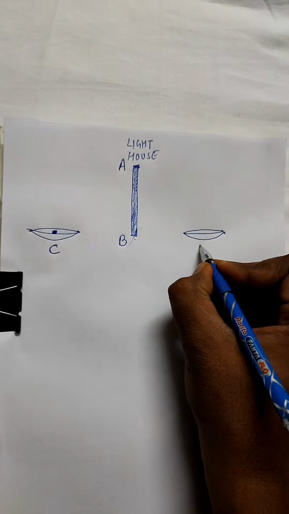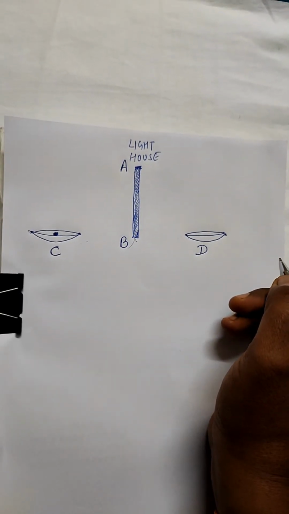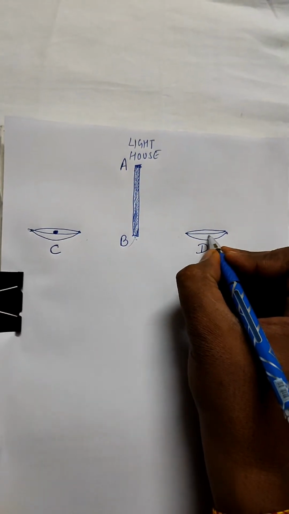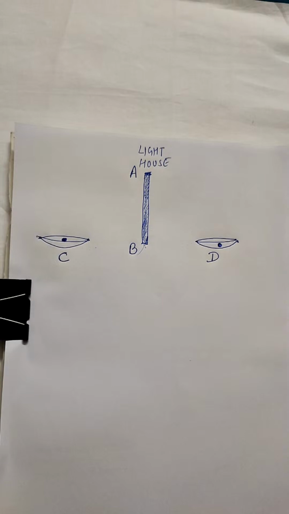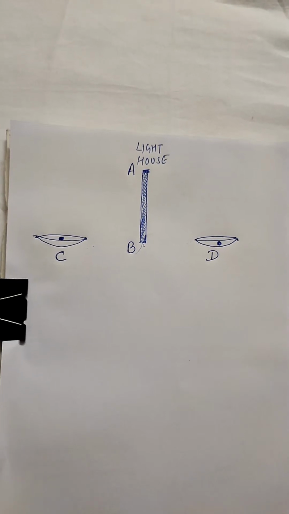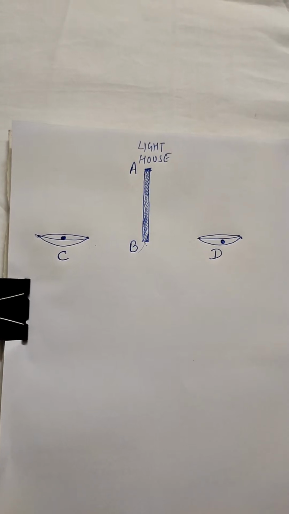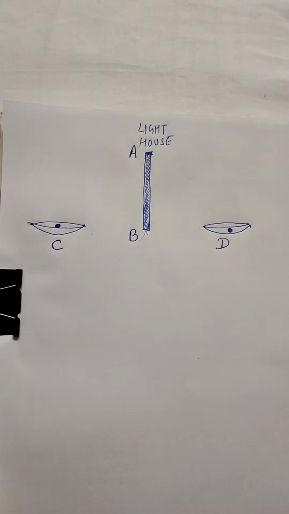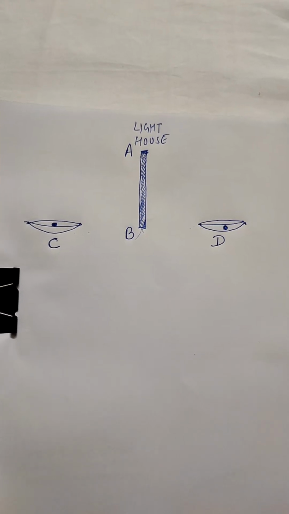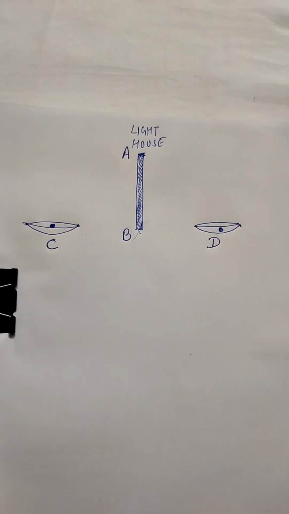Let's say this is at D. This is the position D, right? And it's given that from the top of a lighthouse, the angle of depression of two ships on the opposite sides of it are observed to be alpha and beta.